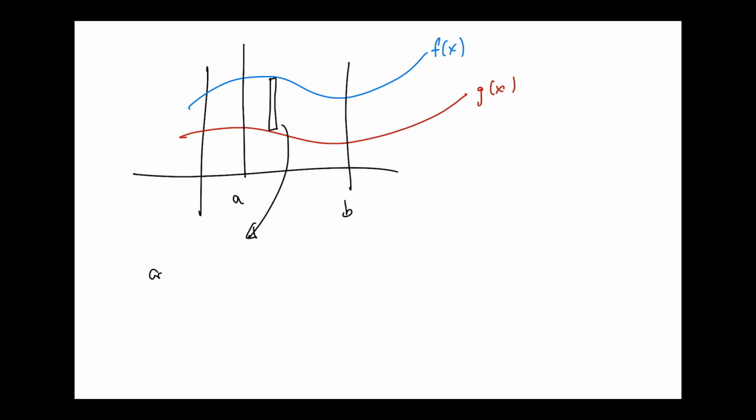So the area of the slice would be some sort of width times, let me call the particular x coordinate here x star, just meaning the particular one that I picked.